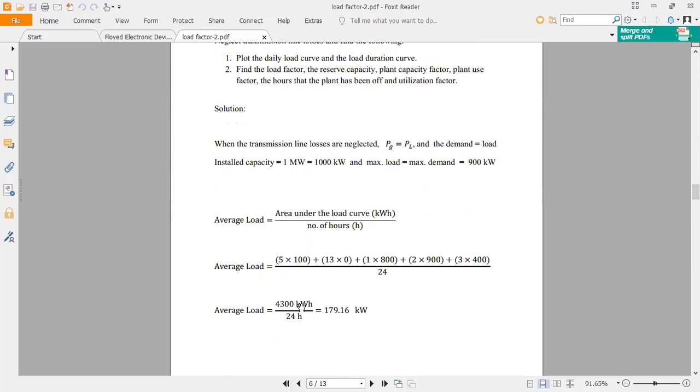Do you understand till now? 5 hours over 100 kilowatt hour, 13 hours multiplied by 0 kilowatt hour, 1 hour multiplied by 800 kilowatt hour, 2 hours multiplied by 900 kilowatt, 3 hours multiplied by 400 kilowatt.